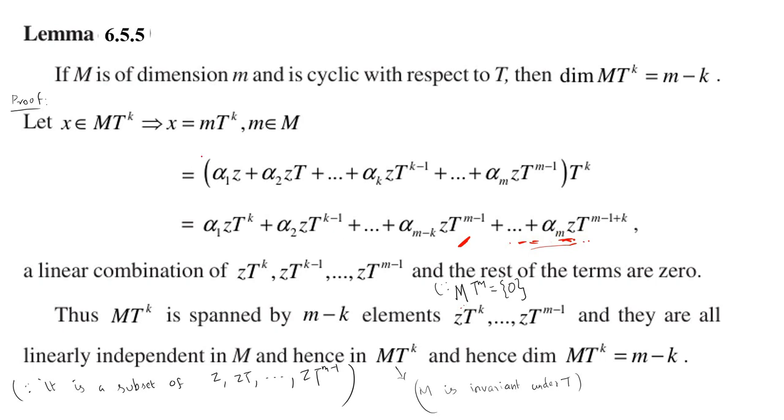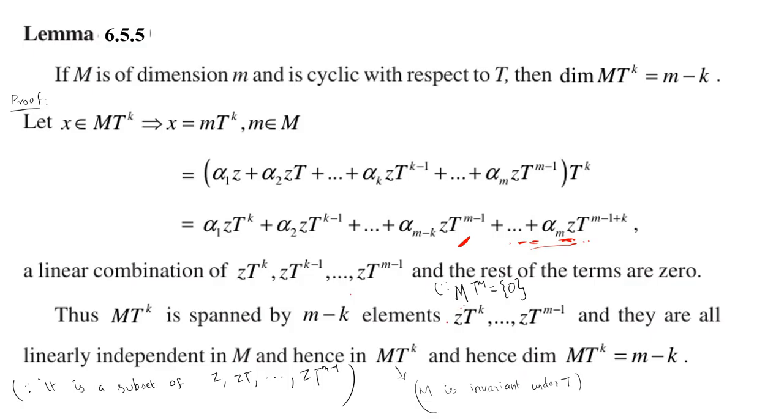So this is an arbitrary element in M T^k, and it is spanned by this, which is a subset of z and so on z T^(m-1). They are linearly independent, and they span, and therefore these vectors form a basis of M T^k.